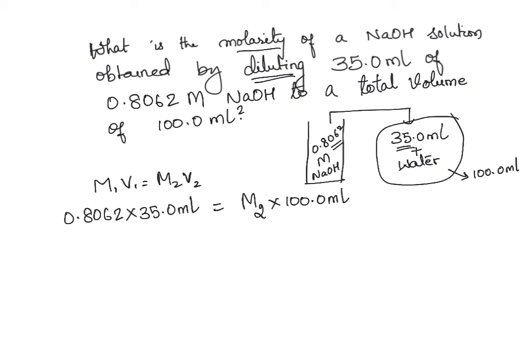So M1V1, and what is the concentration of this solution after dilution? M2. We know the volume, V2, 100 milliliters. So it's very important to distinguish between M1, M2, V1 and V2.